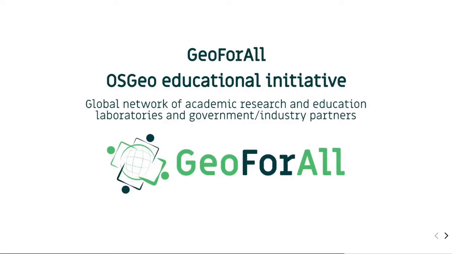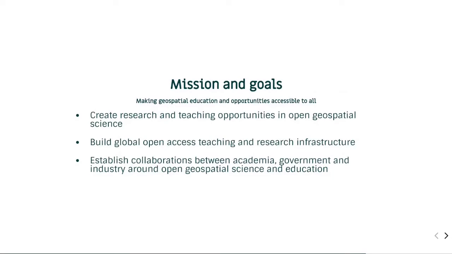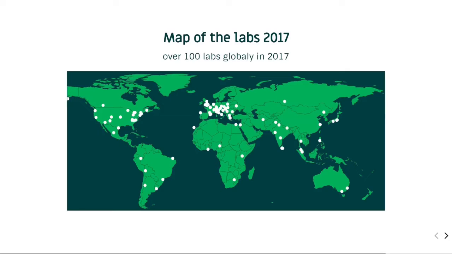And then that brings me to Geo for All, which is an open education initiative to connect, share, and collaborate through research and education, with private sector, government, and industry partners. The mission of Geo for All is to make geospatial education opportunities accessible to all through research, teaching, open access training, infrastructure, and also through collaboration of several actors.